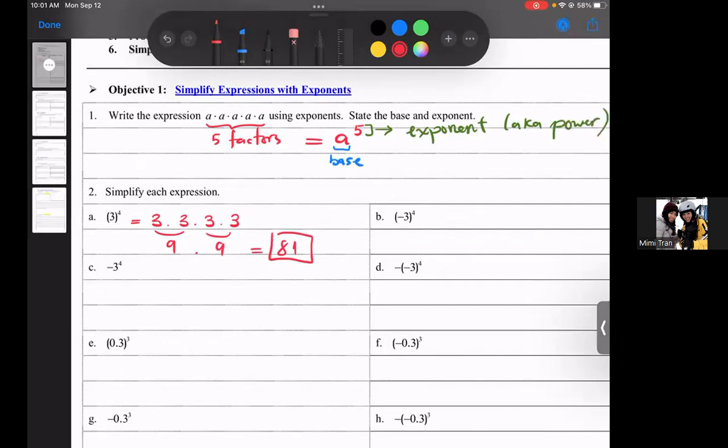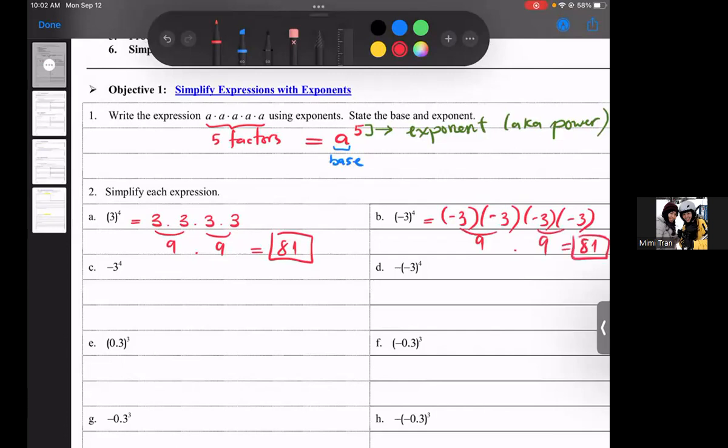What do you think the answer for B will be? Positive 81. Okay, we got negative 81, positive 81. Let's see. Negative 3 times negative 3 times negative 3 times negative 3, 4 times. Negative 3 times negative 3 is positive 9, and again positive 9. So 81.